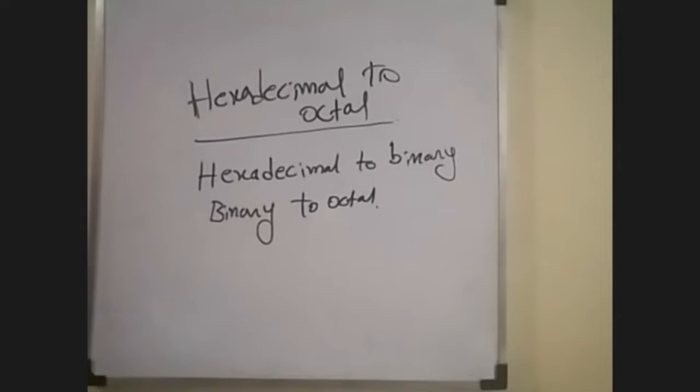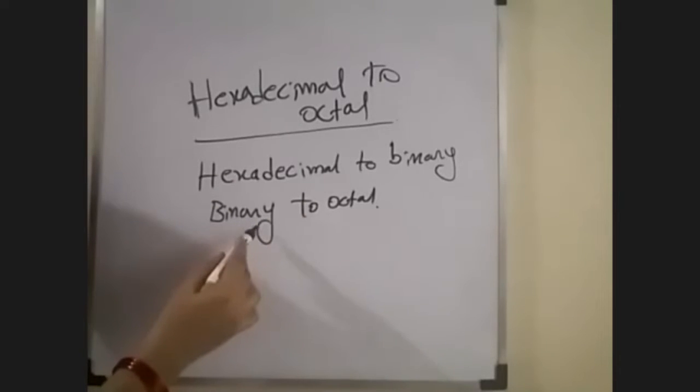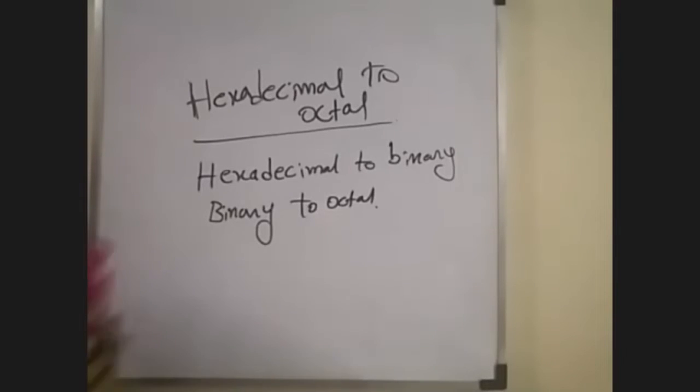Then that binary number you group into 3 bits and write the equivalent octal digit. Is it clear? That is the hexadecimal to octal conversion. What are those two steps? Convert first the hexadecimal number to its binary equivalent. Next, convert the binary number to its octal equivalent. For example, we will take one problem.